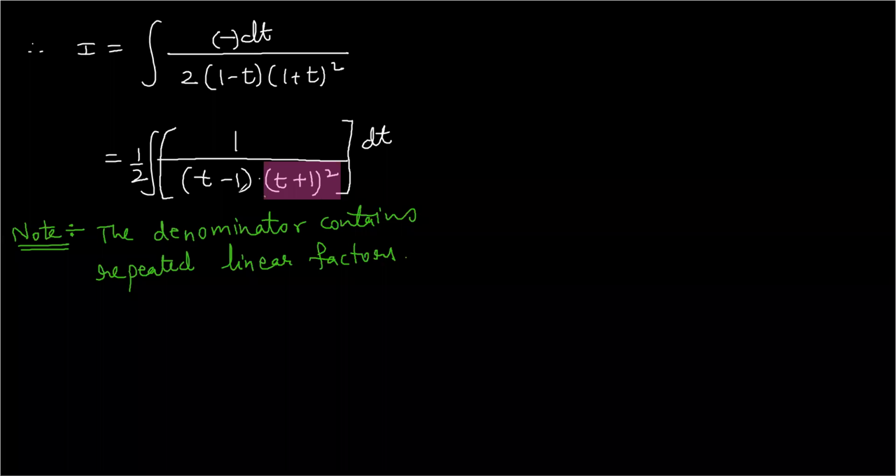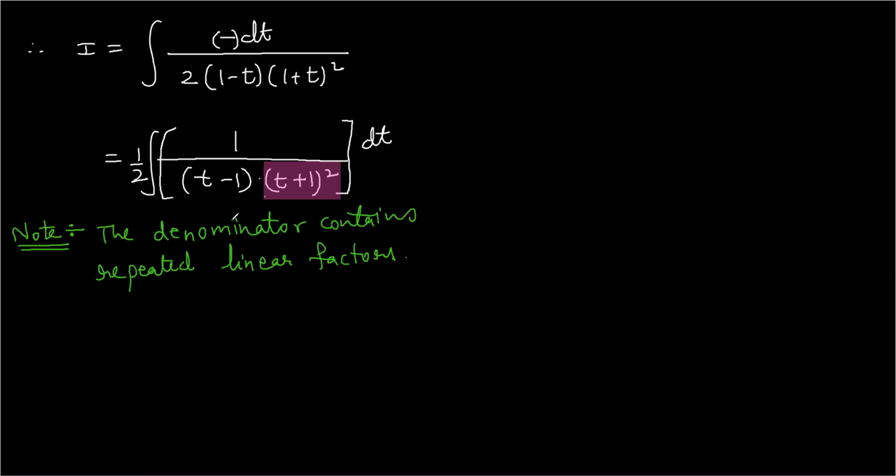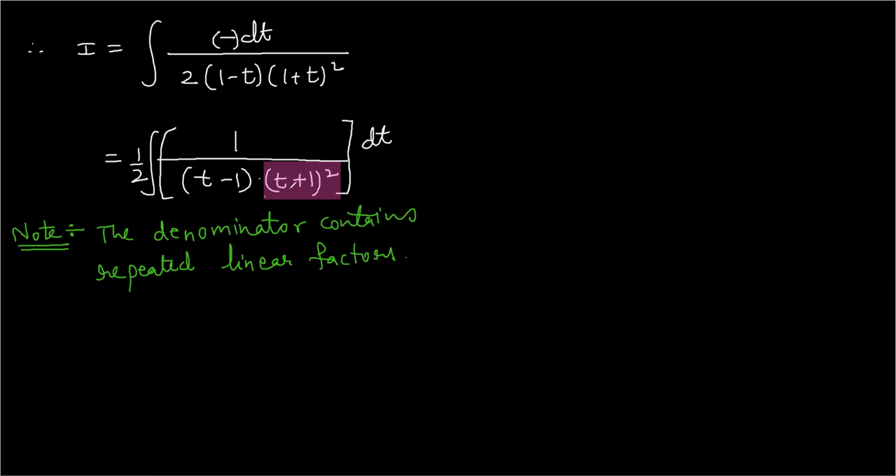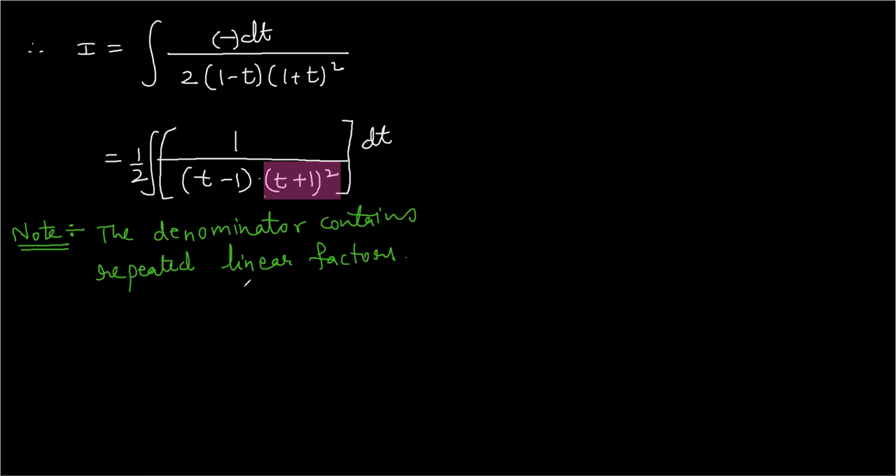The type 1 was where the denominator had linear distinct factors, that is, in the denominator all factors are different from each other. The factors are not repeated. That was type 1. This is type 2. So see, how do I do it?